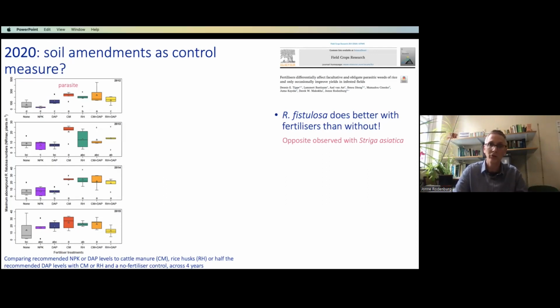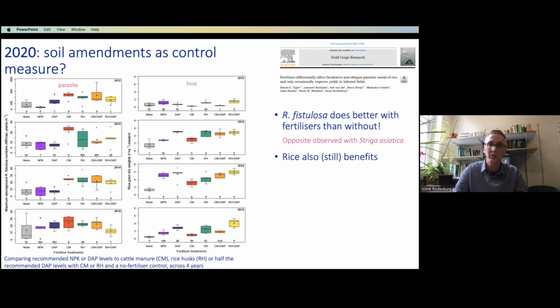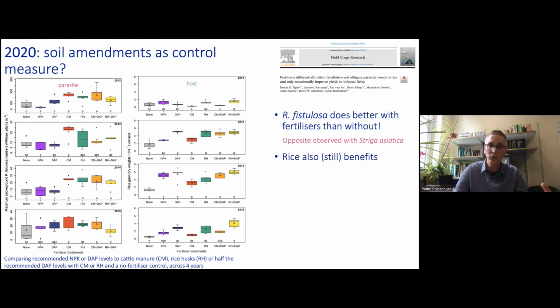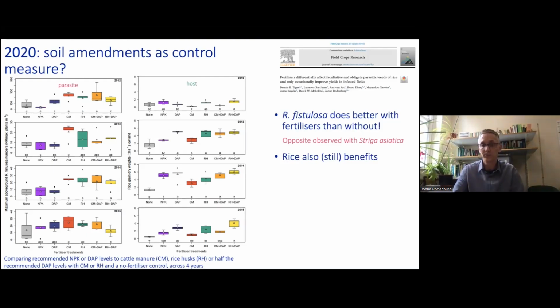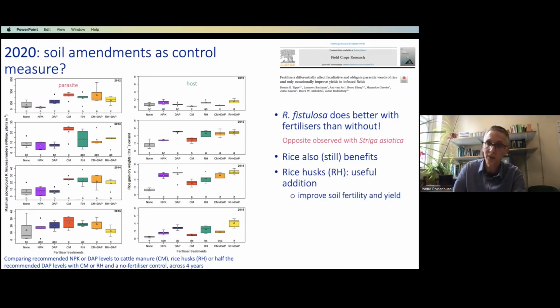So this is not the case for Rhamphicarpa. But still, you see in this box plot that the rice grain yields, despite infection, are still benefiting from these different fertilizer applications.